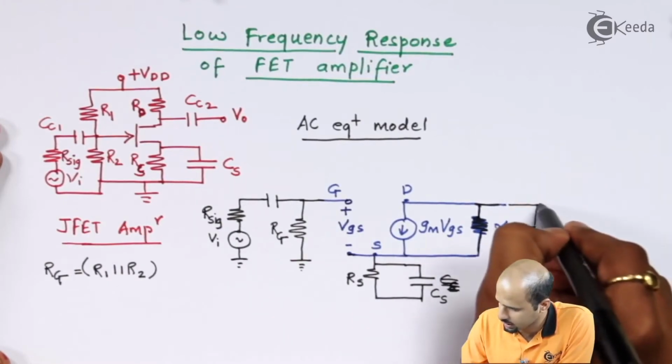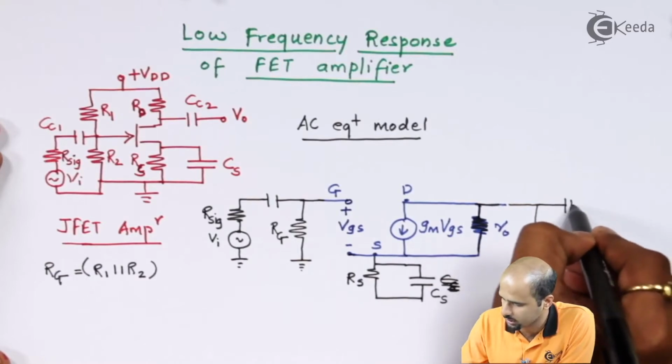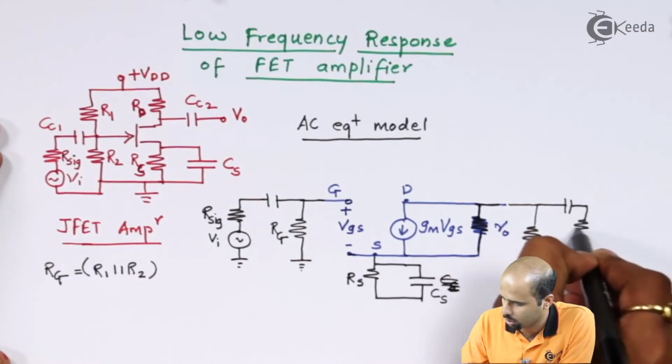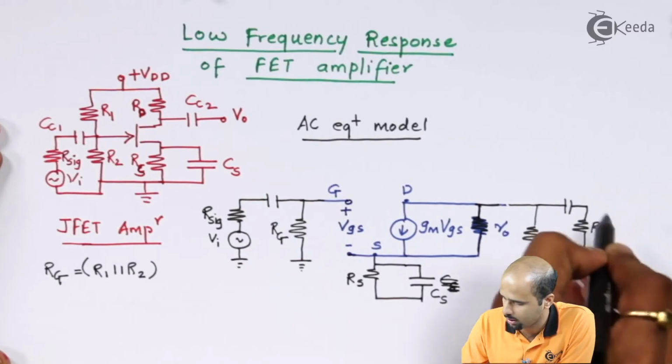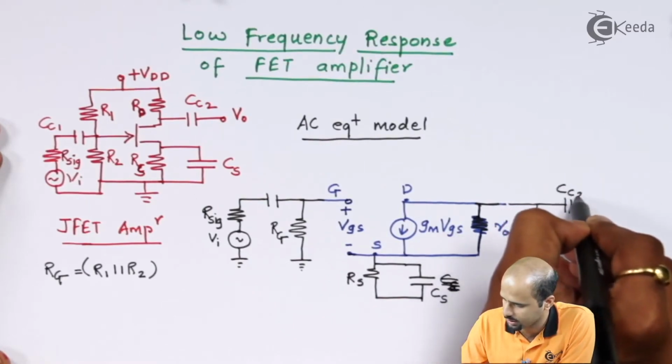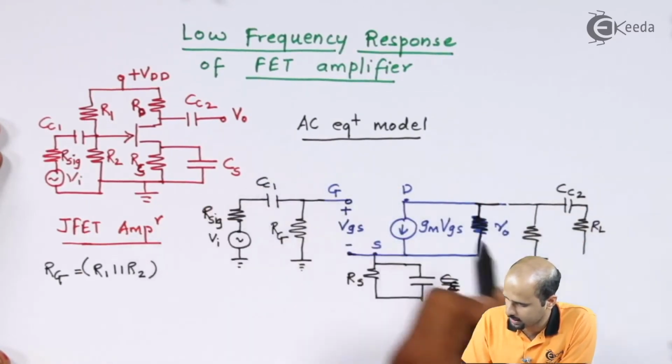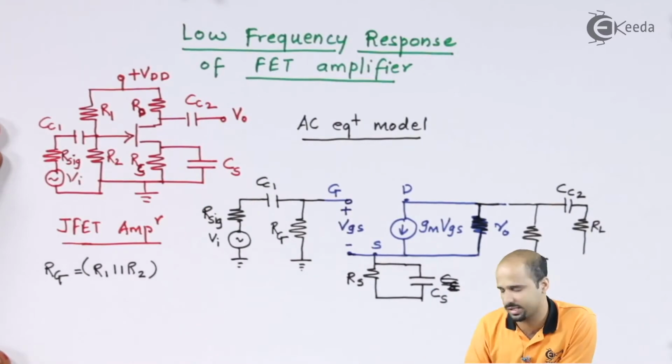Then we have the capacitor and load resistance RL. This is CC2, this is CC1, and as usual this is CS, that is the bypass capacitor.